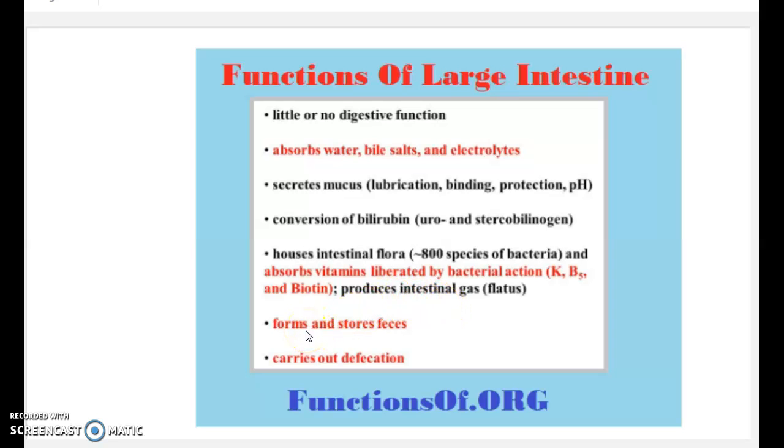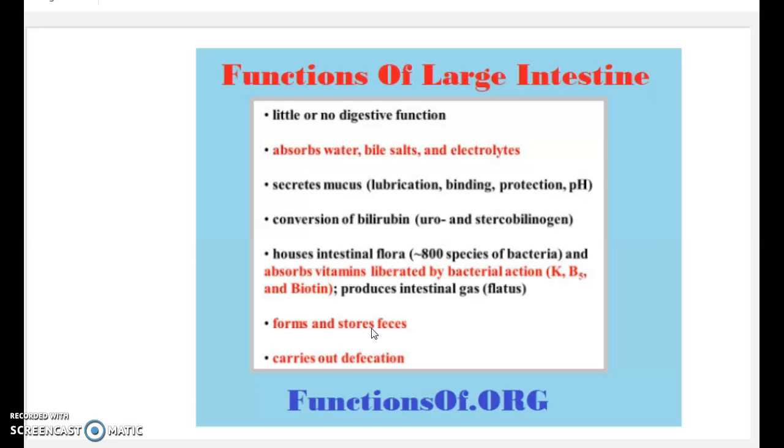The large intestine forms and stores the feces. Unwanted, undigested food is bound and lubricated by the mucus secreted by the walls of the large intestine, and turns into round ball-like structures known as feces.